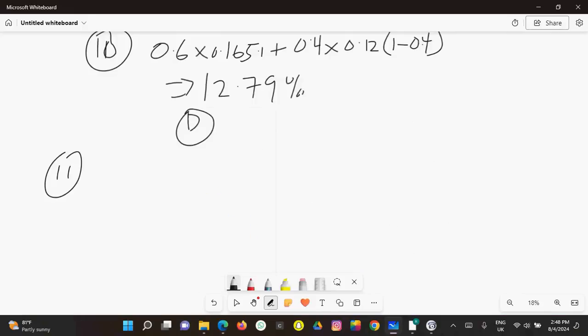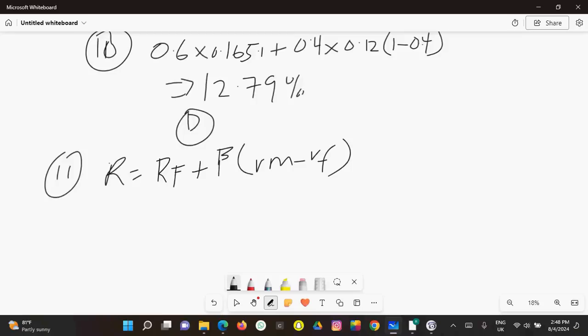So remember, the cost of equity is the same as the R. Since we have beta, we are going to use cost of equity, or R, equal to the risk-free rate plus beta times the market risk premium, which is RM minus RF.